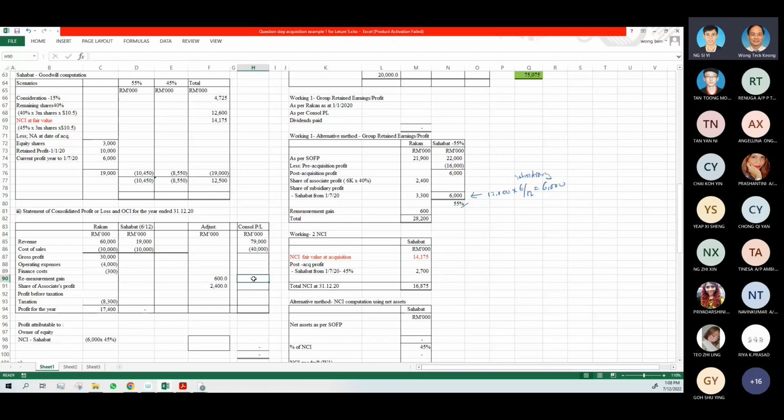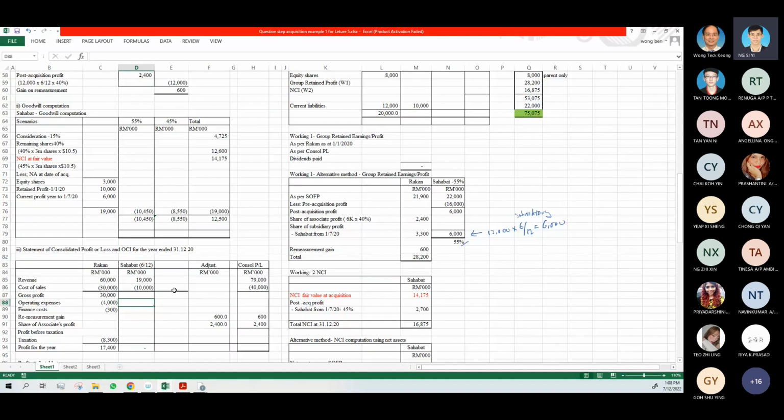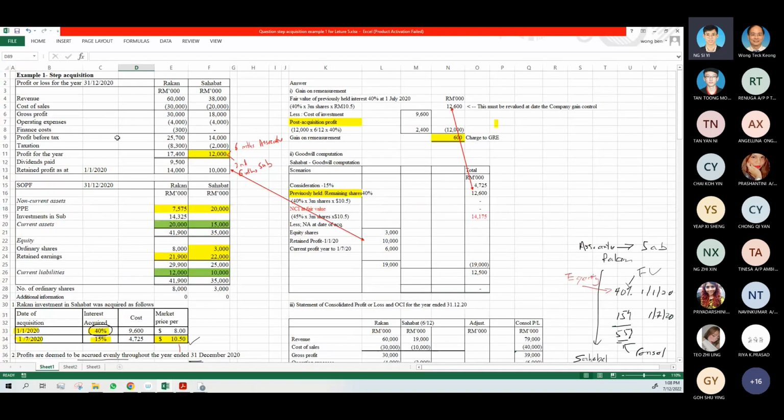So 600. So these are profit. So the rest add the cost. So operating expenses 4,000. So you get 2,000 here. Finance cost 0, nothing. Just add the cost.